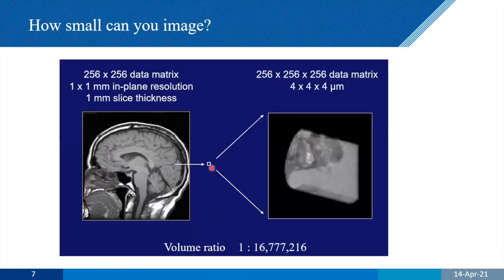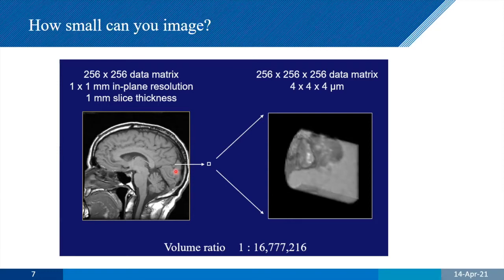And we do imaging. So we might say, well, what can you do in terms of resolution? And this slide sort of, I think, puts things in perspective. Here's our normal, let's say 3T MR, running at about 1 by 1 by 1 millimeters in terms of the resolution. Take 1 voxel out of that.